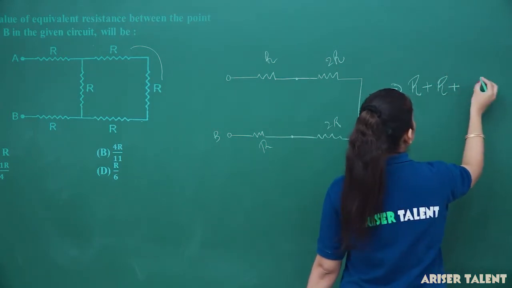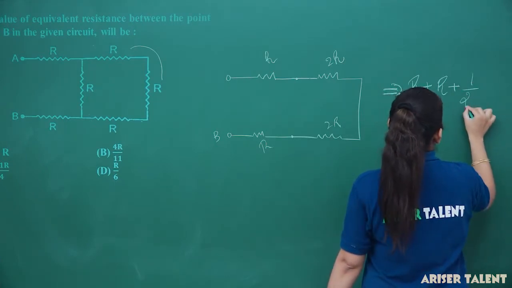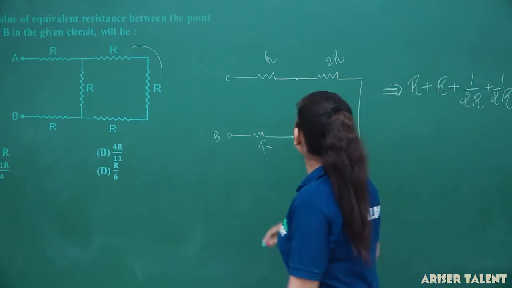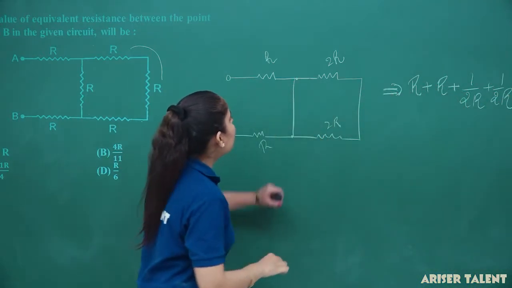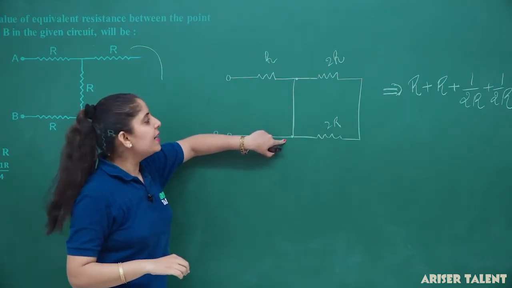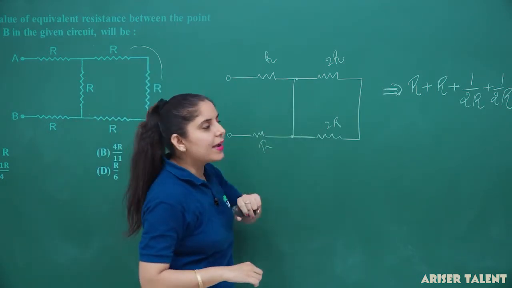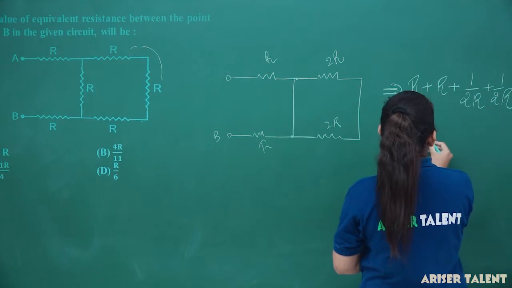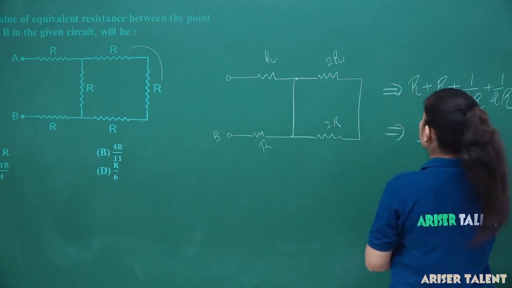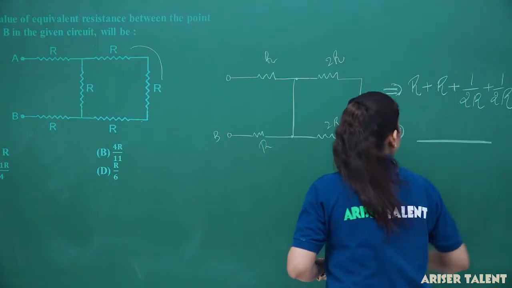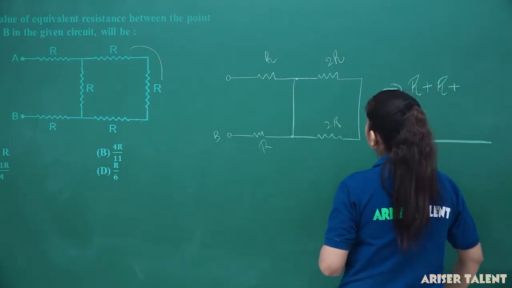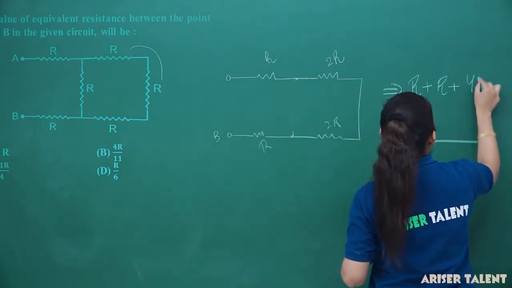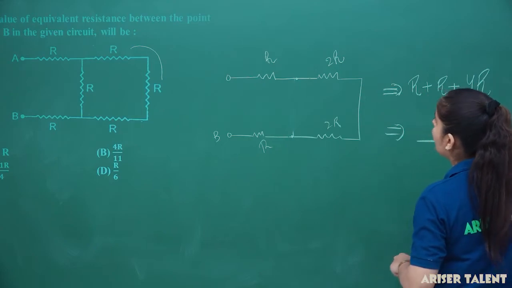This will be the combination I will get from here, because there are 2 points, so we cannot disconnect this system here. So 2R and 2R will be in the parallel combination we have. So 2R plus 2R will give you the value of 4R.